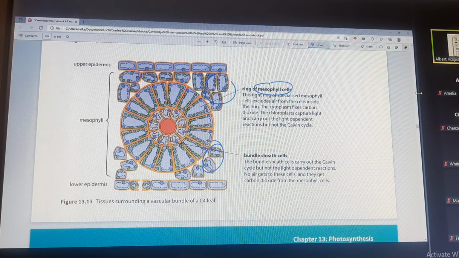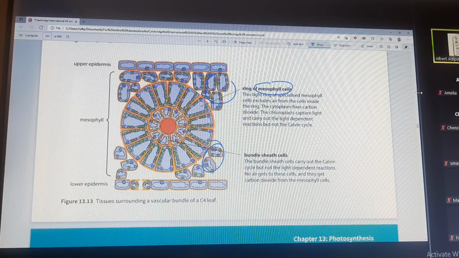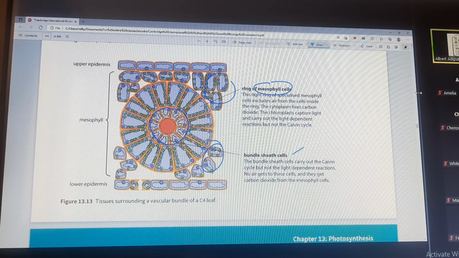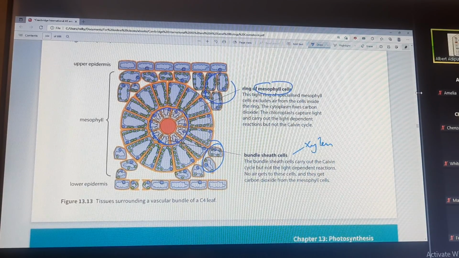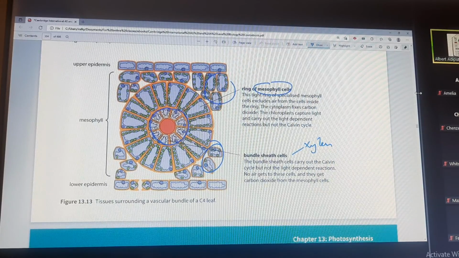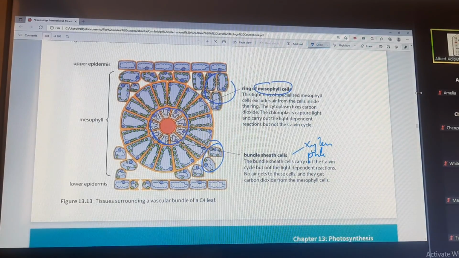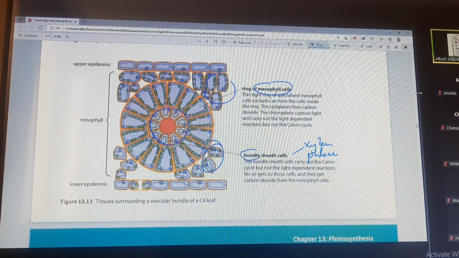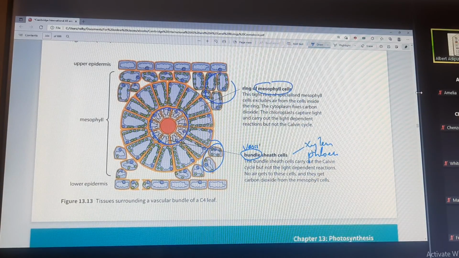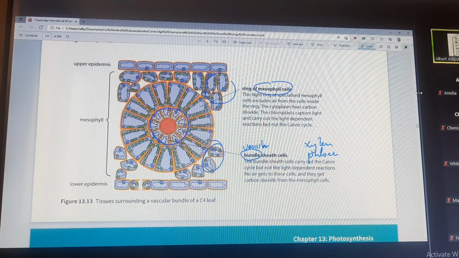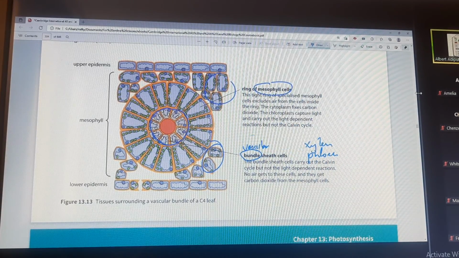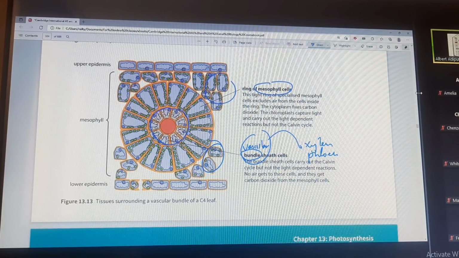But in C4 plants, some mesophyll cells are gathering around the bundle sheath cells. The vascular bundle consists of xylem and phloem, in case you guys forget.